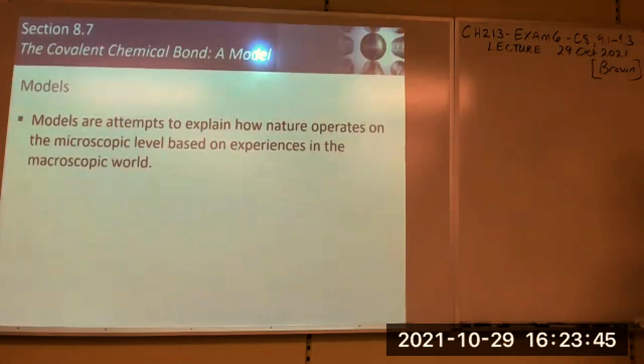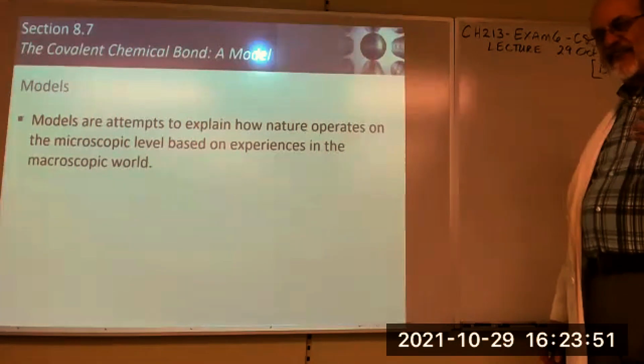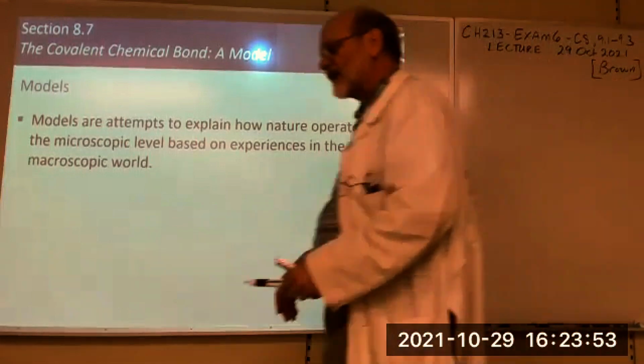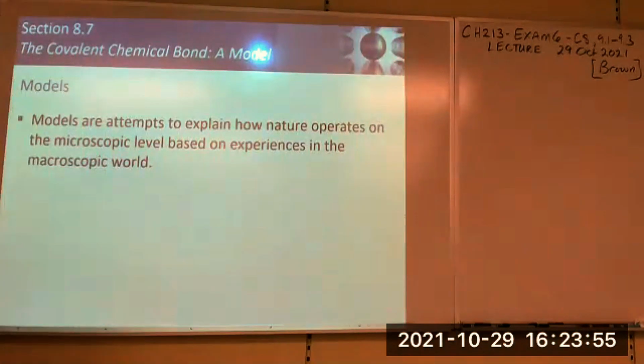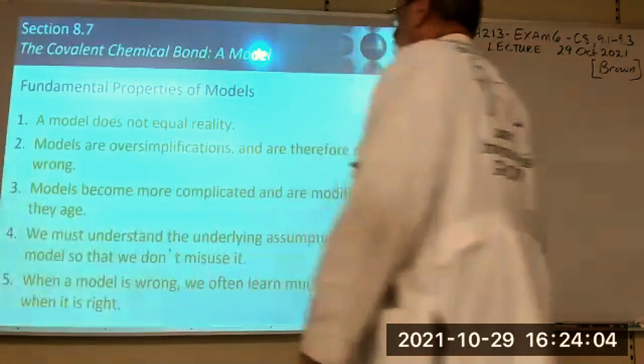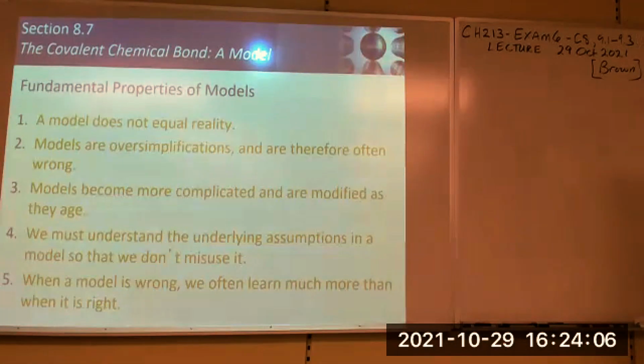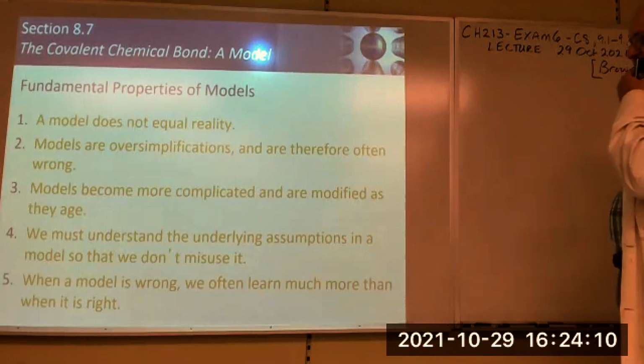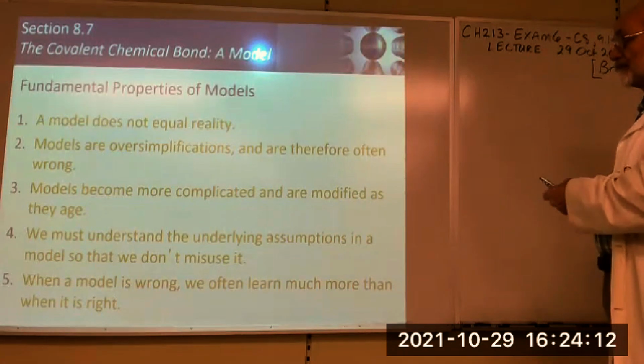Okay, now we're going to look at some models. And models imply a theory. That is, we're attempting to say why things happen the way they do. Okay. Well, these are fundamental properties of a model. I've mentioned models before without really giving much detail.